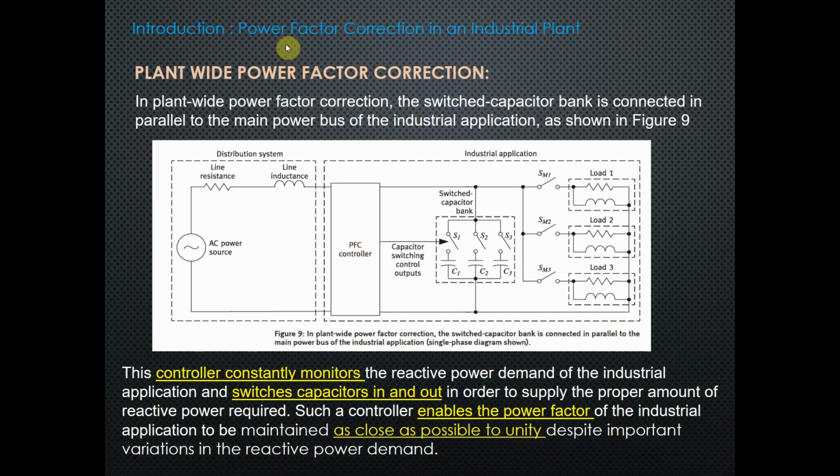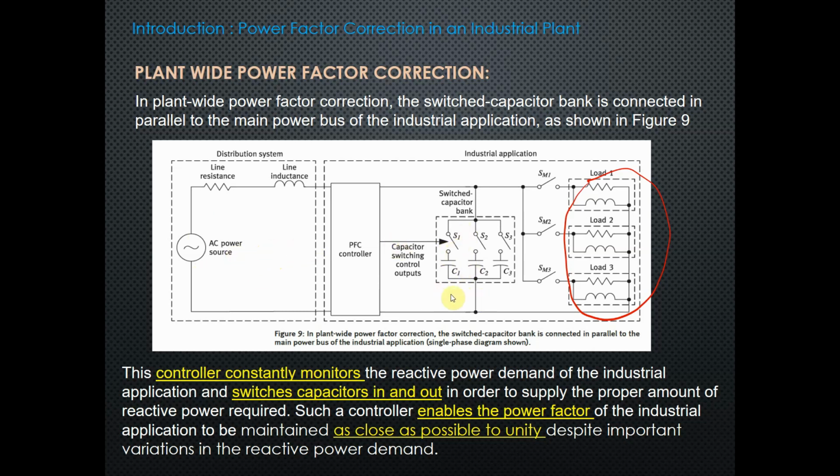Now, there are some methods of doing power factor correction in the plant. It can be a plant-wide power factor correction. What does it mean? Consider this as your power plant, your factory. This is the factory load, and the main capacitor bank is installed close to where the power source is located.